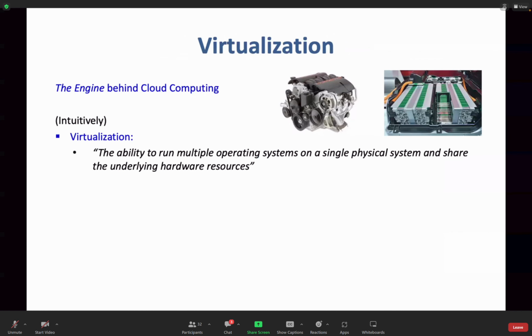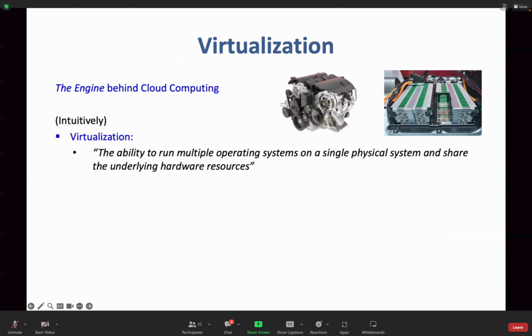And the virtual thing can be in many different senses. But here we are talking about virtualization in terms of machine, and here machine is computer, not other machines. So the virtualization here is the ability to run the OS, operating system, on a single physical system, but different OS.